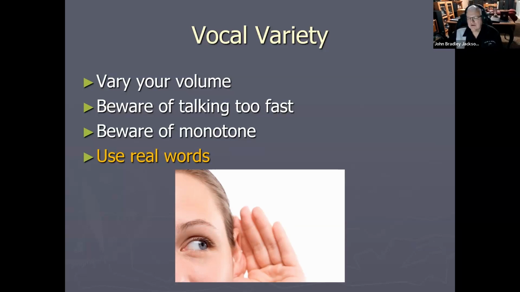Try to have some variation in the pitch of your voice. And I would suggest you use real words. Avoid using words and phrases that only lawyers or scientists do. In other words, just talk like a human and it'll come across as more believable.